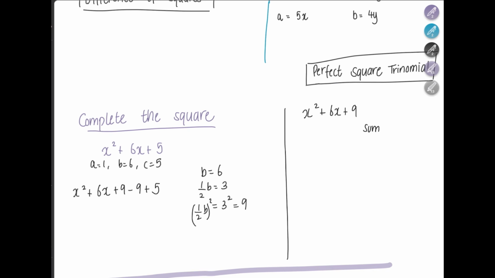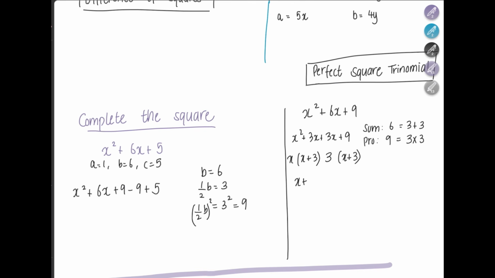Let's factorize this, sum and product. This is going to be 6 and 9. This can be 3 times 3 and 3 plus 3. x squared plus 3x plus 3x plus 9. Take common out x plus 3, and then write x plus 3 again. What are we left with? 3.